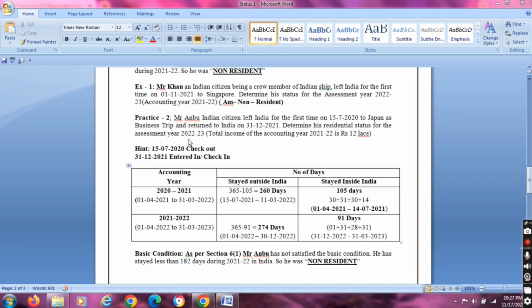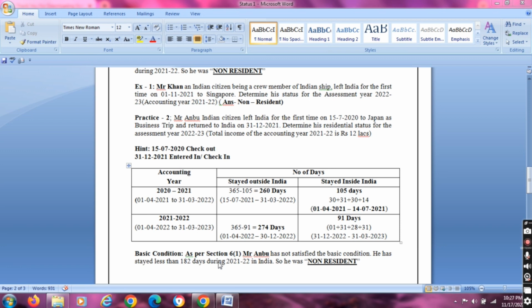Determine his residential status for the assessment year 22-23. In the question itself, it was openly stated that his total income of the accounting year is 12 lakhs, that means less than 15 lakhs. How can we determine his status?